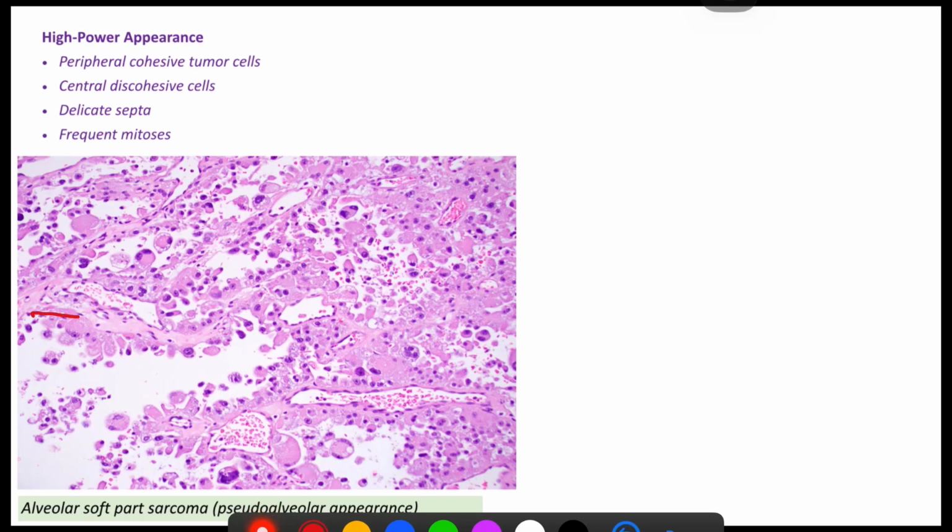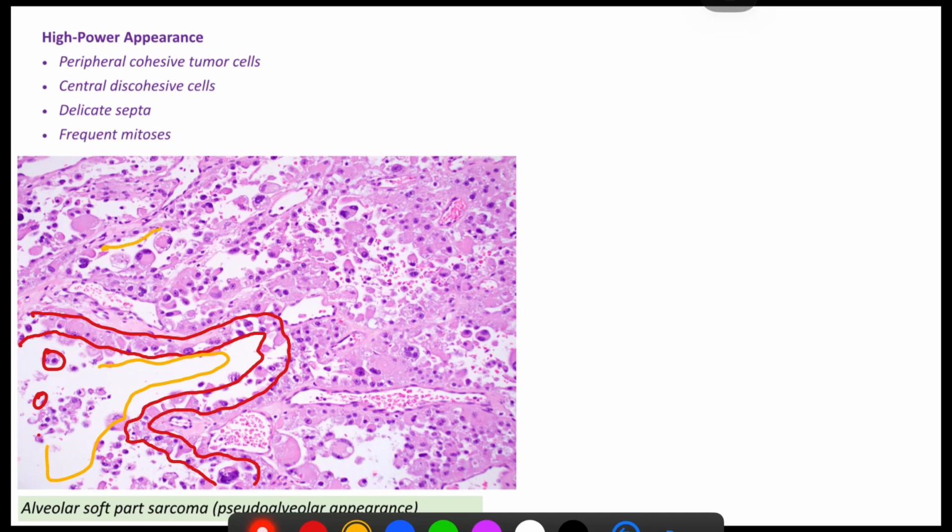So here you can see this is the tumor nest where these cells are adherent to the septa, but these are the discohesive cells, and because of that this space is created, and this is called alveolar cell pattern.